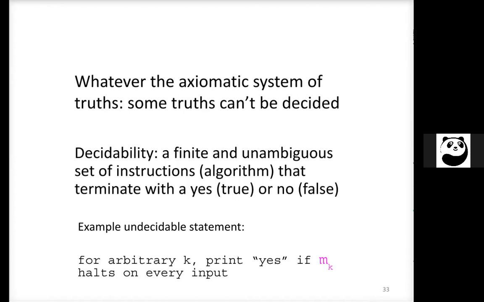Just as I mentioned, there are natural statements that cannot ever be proven within any axiomatic system as true or false, like the Paris-Harrington statement, which is very natural. It's a very practical statement that we need the answer of for practical reasons, and it's not as arbitrary and contrived as the Gödel statement that we constructed. Same thing in decidability: there are indeed natural problems that cannot be decided.